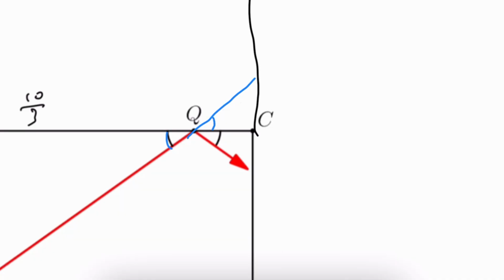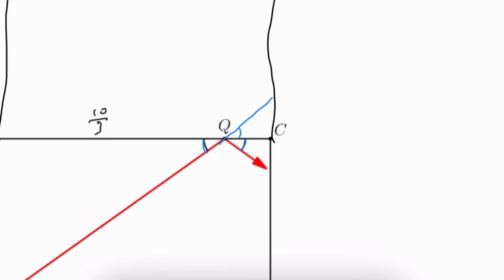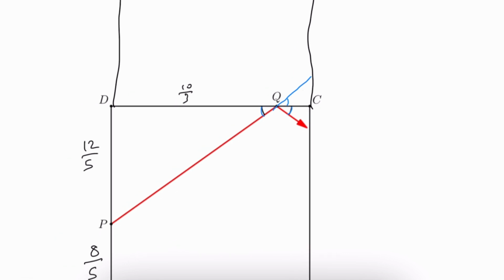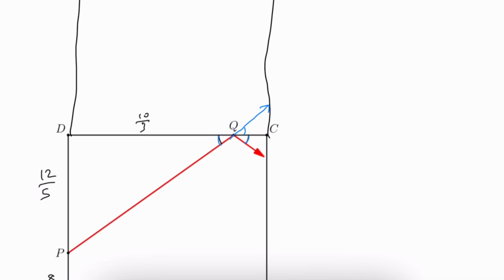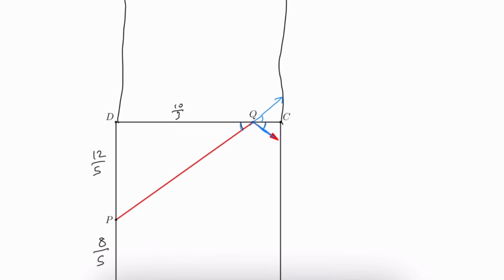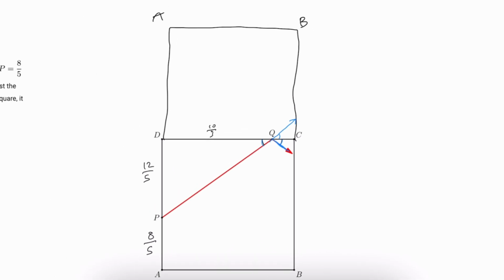So these three angles are all the same. And so this new blue segment will be exactly the same as the reflected part after the first bounce, just in this new reflected board.